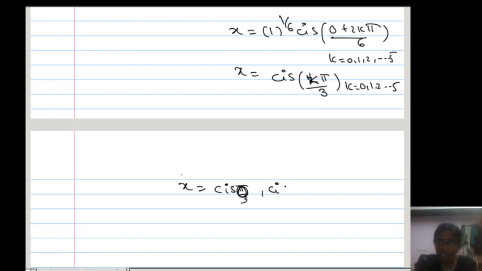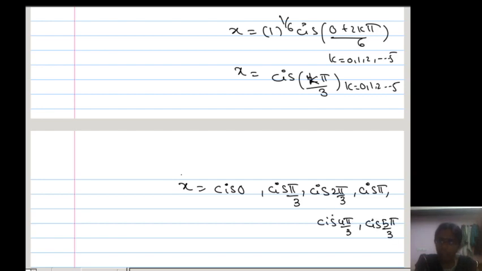If k is equal to 1, cis π by 3. If k is equal to 2, cis 2π by 3. If k is equal to 3, cis π. If k is equal to 4, cis 4π by 3. If k is equal to 5, cis 5π by 3.